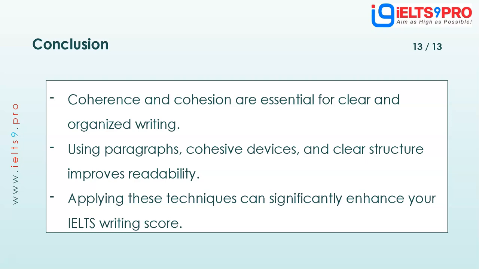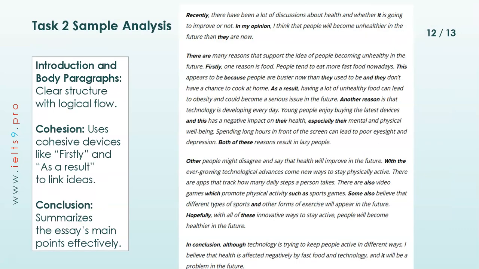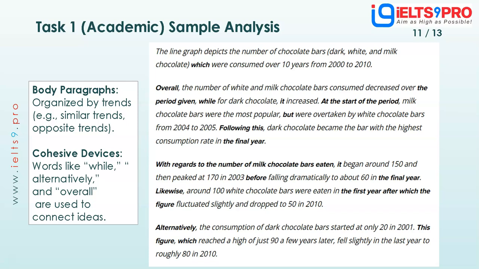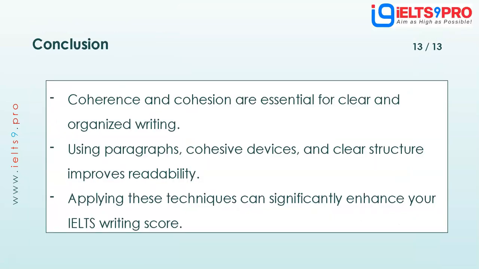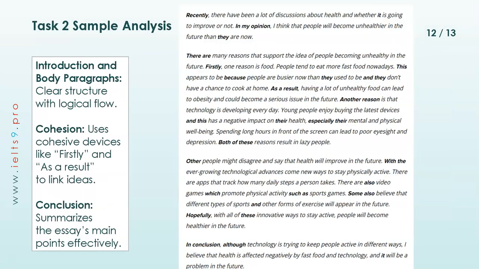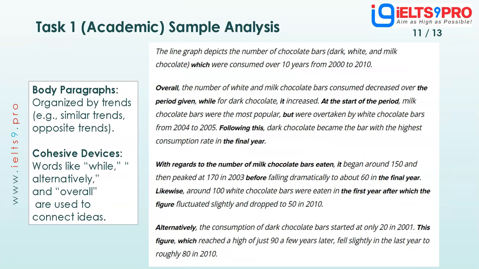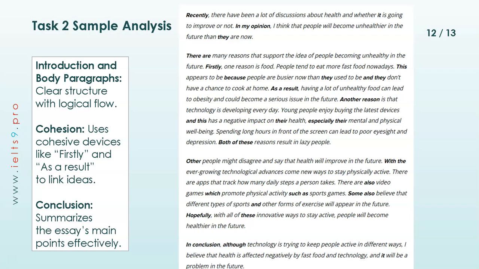Using paragraphs and cohesive devices, as we've just shown in those two examples, improves readability and can significantly enhance your IELTS writing score. I'll just put that example one. You can pause and take a look.